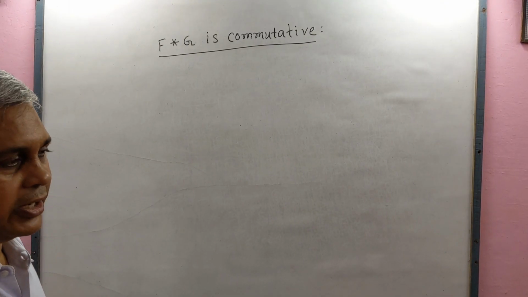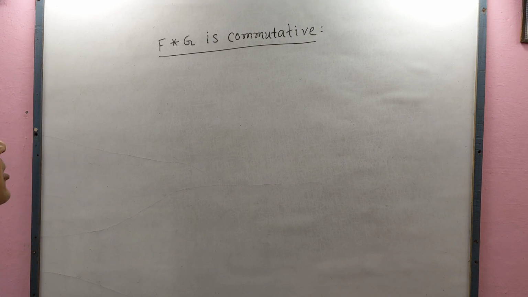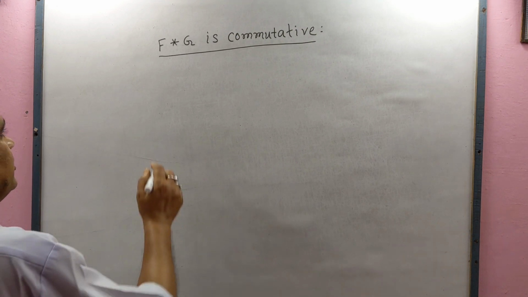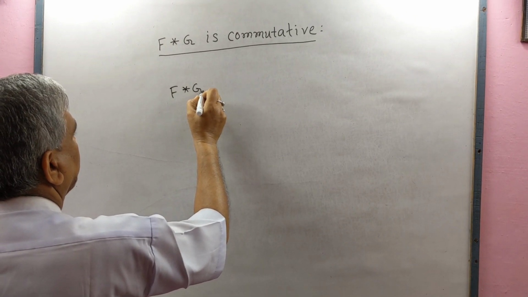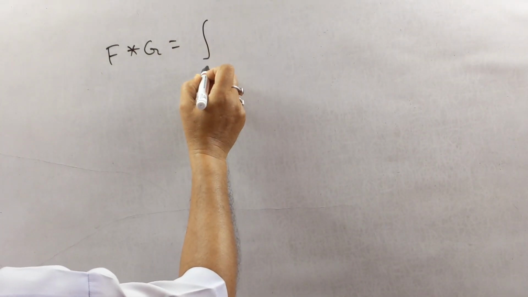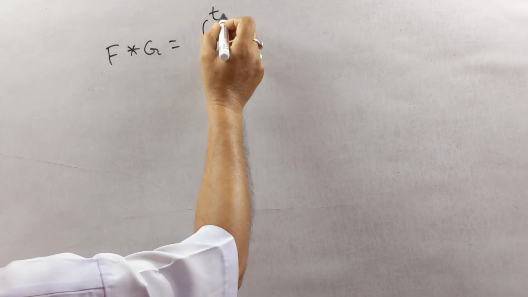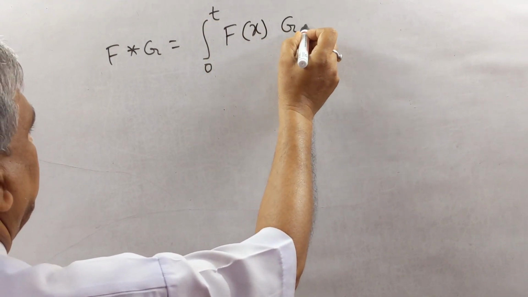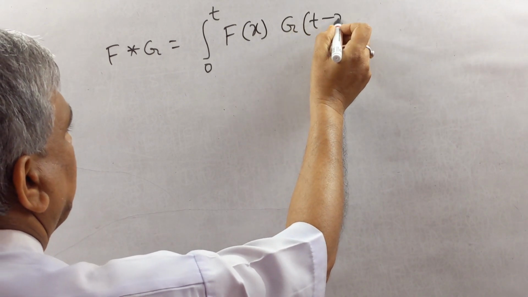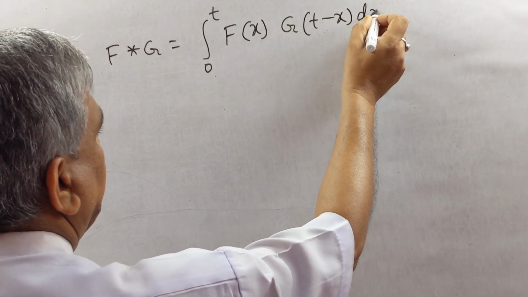Now we shall show that f star g is commutative. Since f star g equal to integration from 0 to t f(x) g(t minus x) dx.